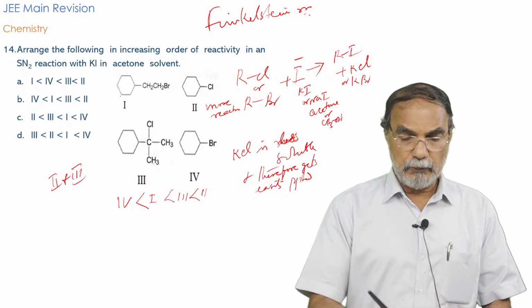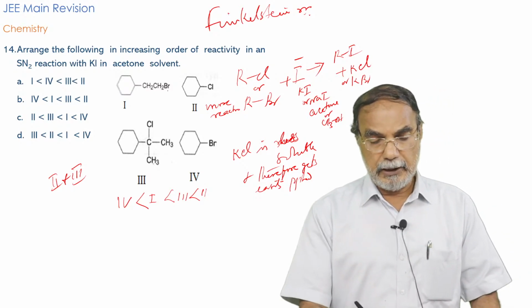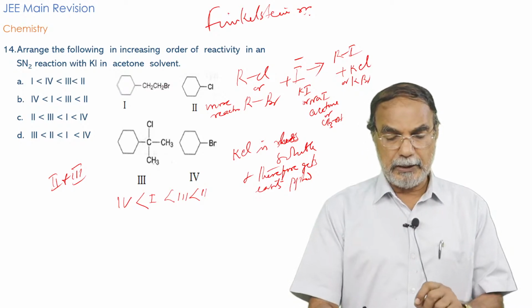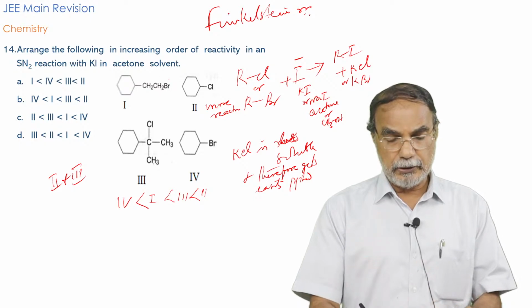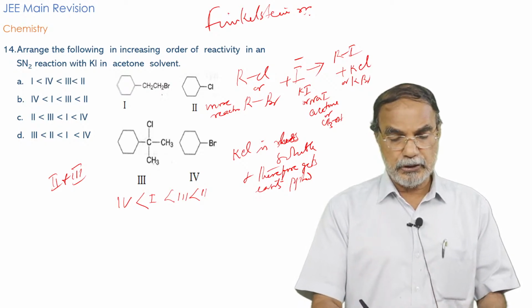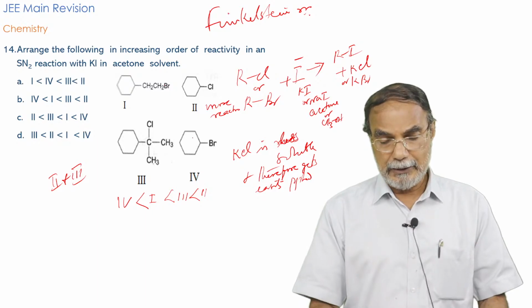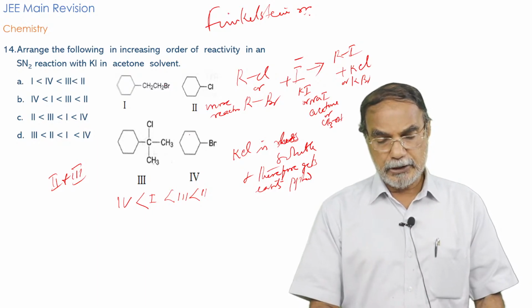Similarly, among 1 and 4, here the bromine atom is on purely an aliphatic carbon, which is remaining as a side chain here. So it is not at all disturbed, there is no steric hindrance or anything like that. And here it is bromine attached to a cyclohexane ring.